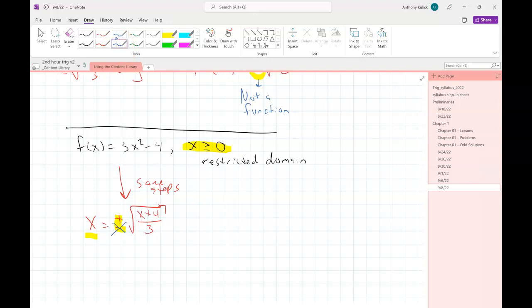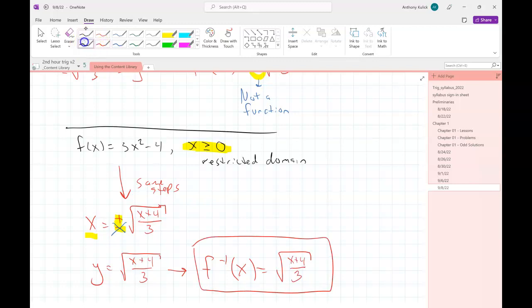The minus possibility. Oh. That was kind of a lot of work, Mr. Kulik, just to dump off the plus or minus, which I probably would have forgotten anyways. That would have been our answer if we had restricted the domain.